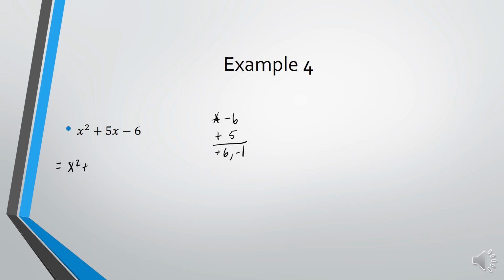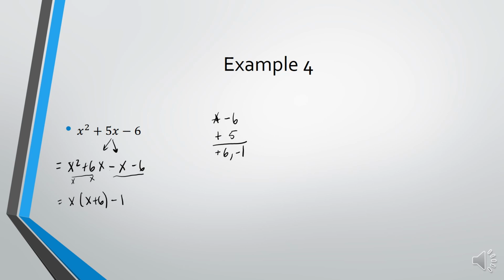So I'll rewrite this as x squared plus 6x minus x minus 6. So that 5x got replaced. For my first two terms, I'll factor out the greatest common factor, which is an x, which leaves me with x plus 6. For my next two terms, I'm going to factor out a negative 1.